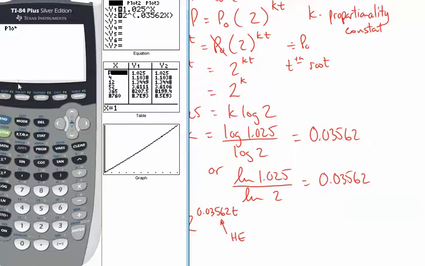It's right on top of it. Just to prove it to you, let me go back here and make that one bold, and let's regraph. Here's the base 1.025 representing pretty slow growth, and there's your base 2 with a horizontal expansion.